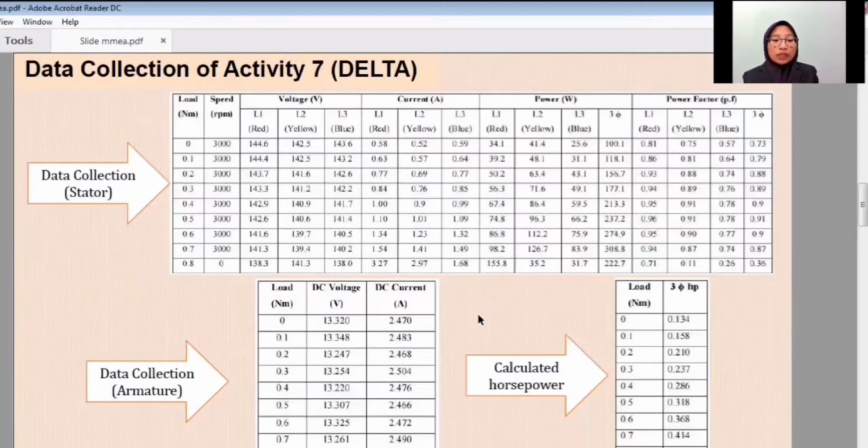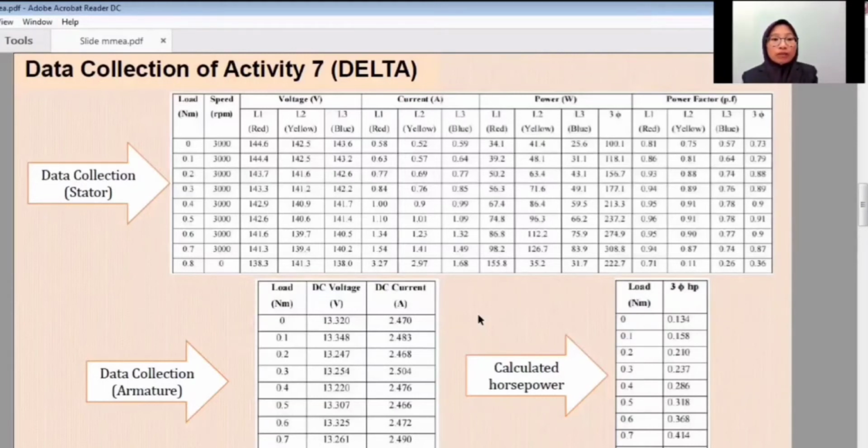The horsepower calculation for the delta connection uses the same formula as the star connection, which is horsepower equals power divided by 746, and we find the value increases ranging from 0.134 to 0.414.